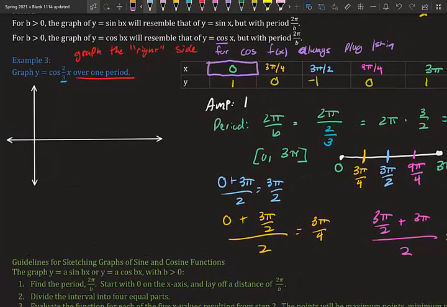All we do is graph. So on our x-axis, we have 0, then we have 3 pi over 4, then we have 3 pi over 2, then we have 9 pi over 4, then we have 3 pi.